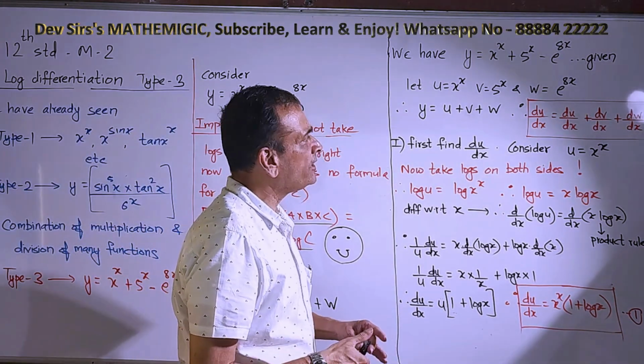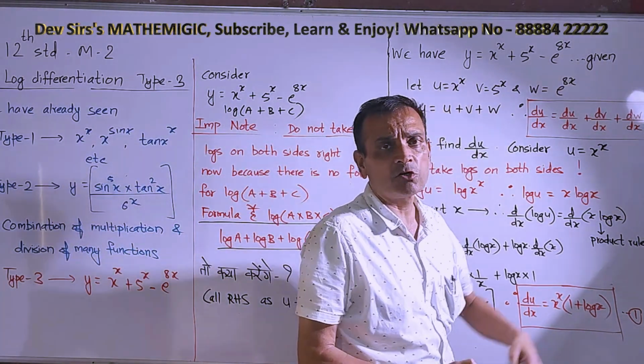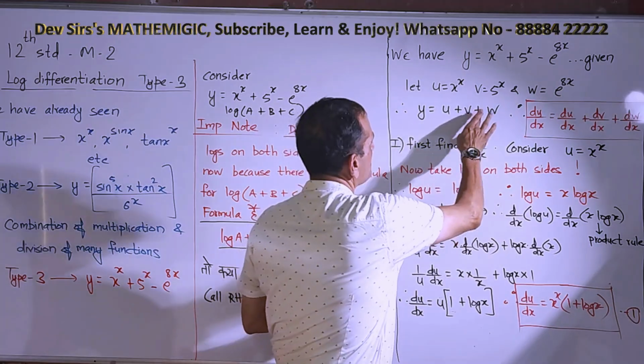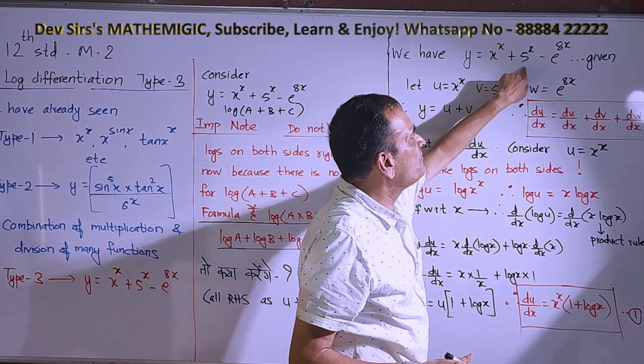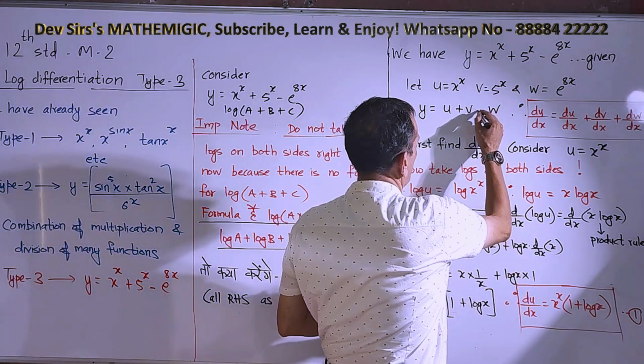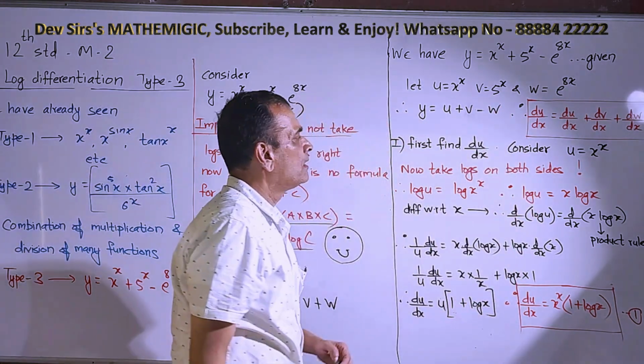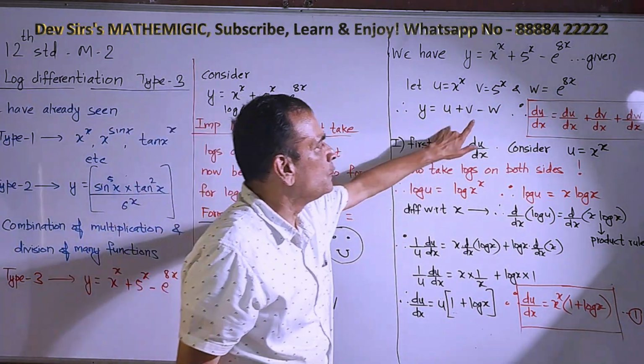So when we substitute here in the given equation, what do we get? Y is equal to, this is u, this is v, this is w. U plus v minus w.